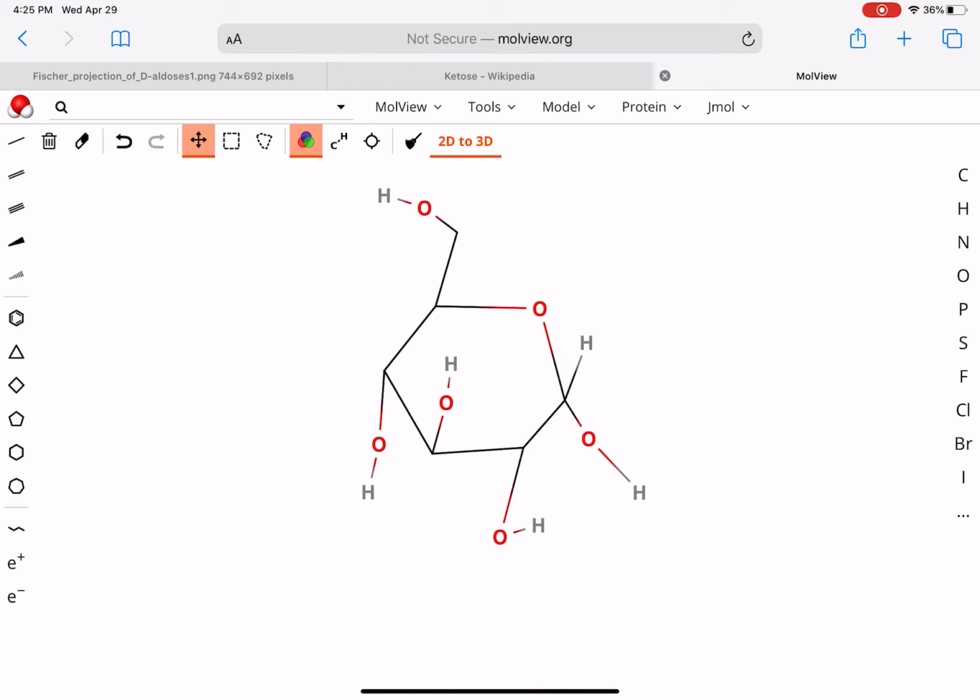There's the cyclic form of this monosaccharide that's just curled itself all up. Notice when it does that curling, it connects between carbon number 5 and the aldehyde. It doesn't connect from one end of the carbon chain to the other. And that's one of the things that we're going to see when we learn how to draw them from scratch.